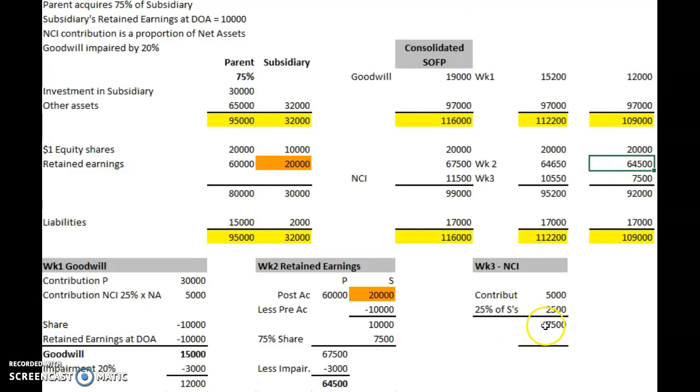And the NCI is not taking any impairment at all because they didn't pay for any of the goodwill. So that's just a simple 7,500 figure, giving the balance sheet as you see it here. So that is the impairment of goodwill when the NCI is calculated using a proportion of net assets.